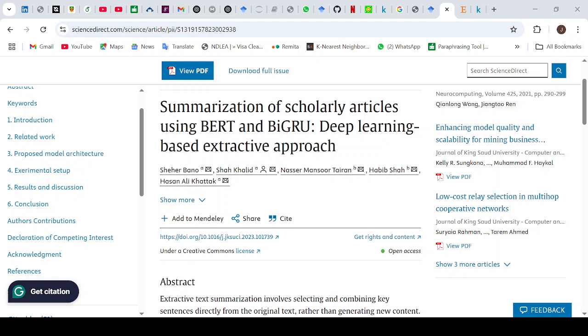We also have another technique known as bidirectional gated recurrent unit, which is a type of recurrent neural network that is commonly used in deep learning for tasks involving sequential data such as natural language processing, time series analysis, speech recognition, and so forth. That is what they apply in their research.